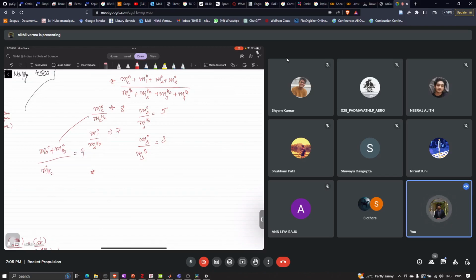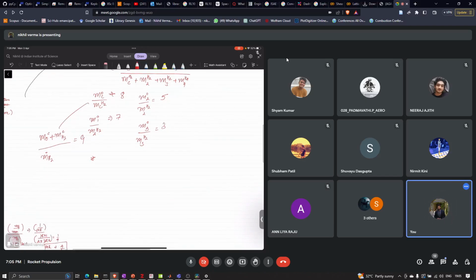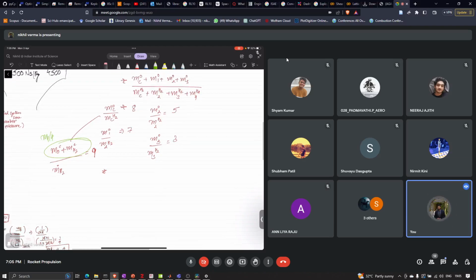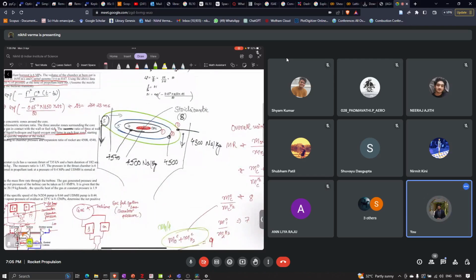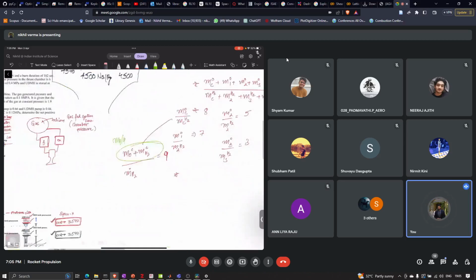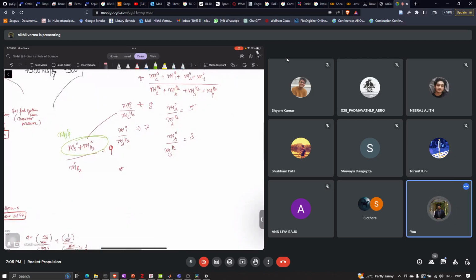If you add +1, you will get this value. If I assume that this quantity is the mass of the propellant divided by 4, because what we are saying is that in each block the mass flow rate that is going is the same, so this will be mass of the propellant divided by 4.